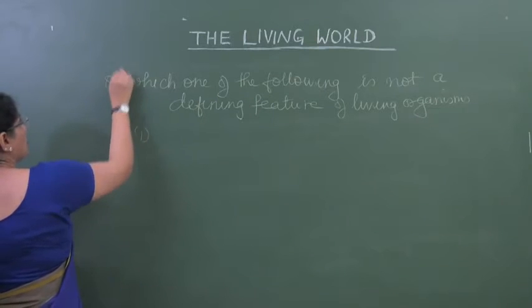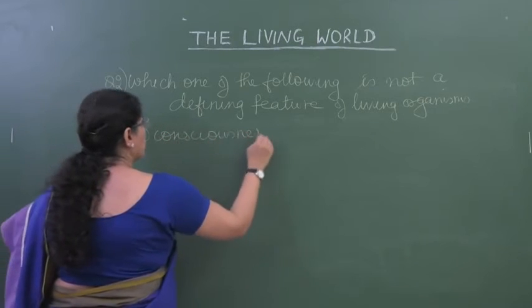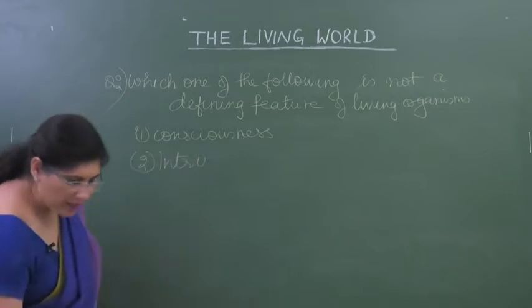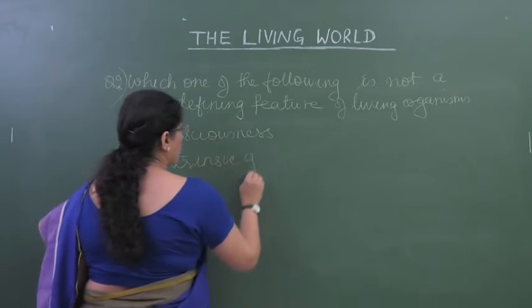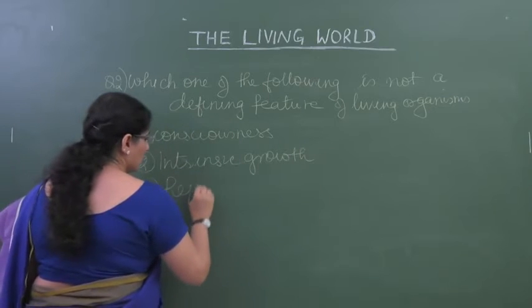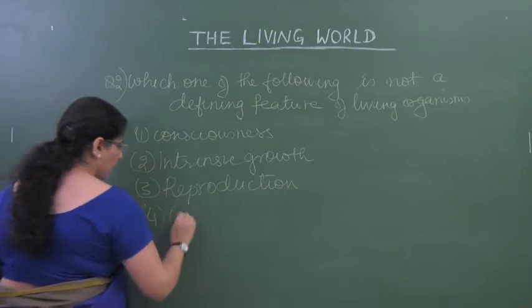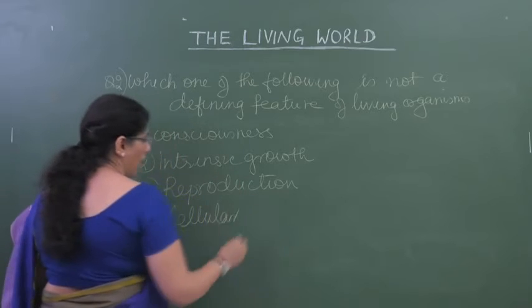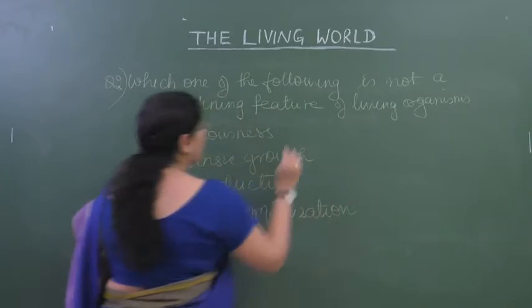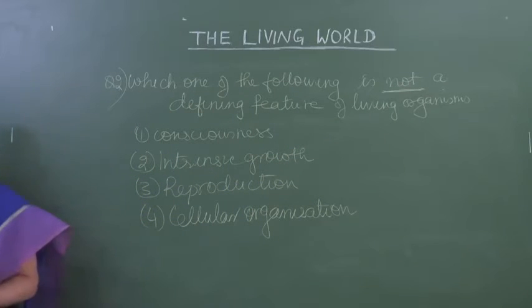So this is question number 2. Consciousness, intrinsic growth, reproduction, and cellular organization. Which is not a defining feature?